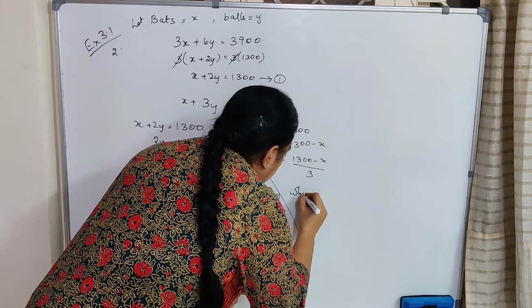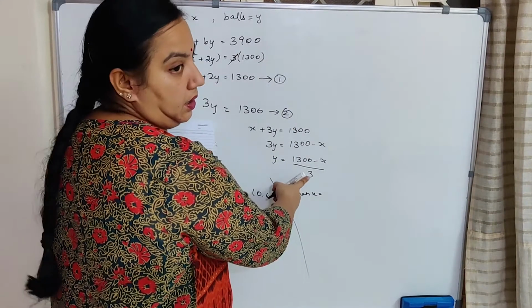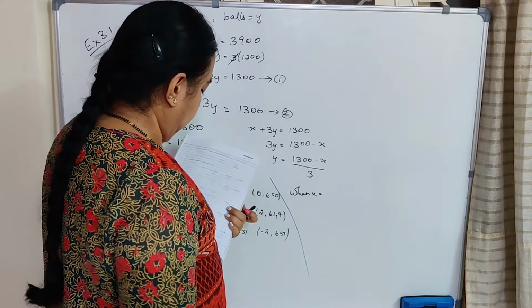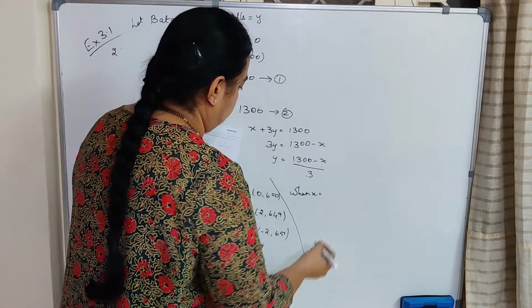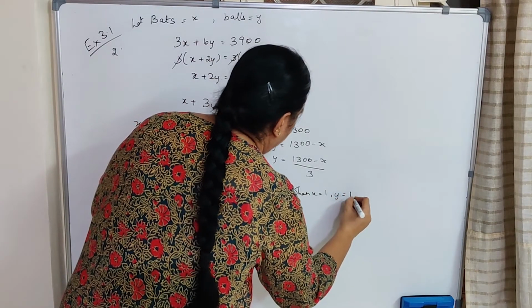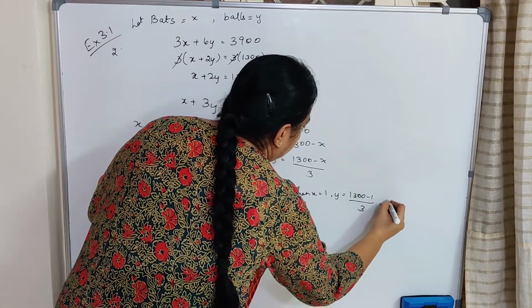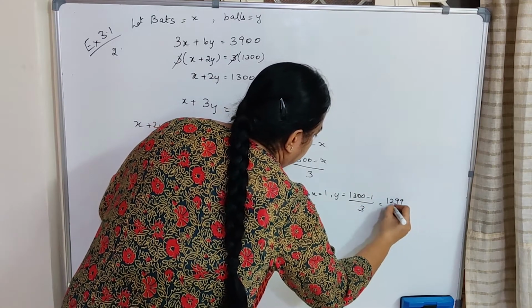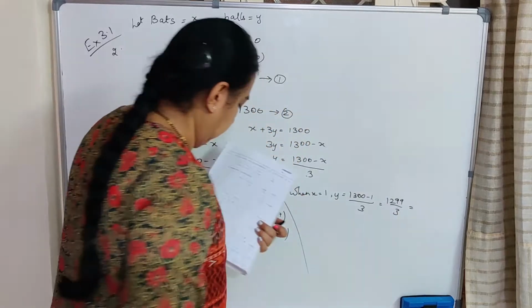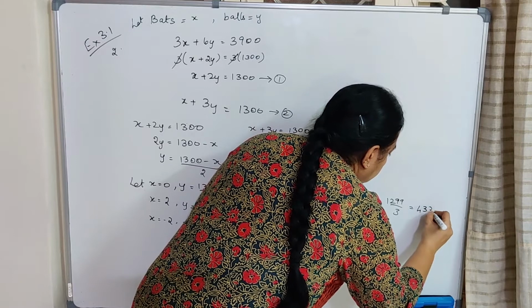Okay. When x is equal to, I am going to consider the number is 3 here. So I will consider it as 1 first. 1. Then y is equal to 1300 minus 1 by 3 and that is equal to 1299 by 3 and that is equal to 433.